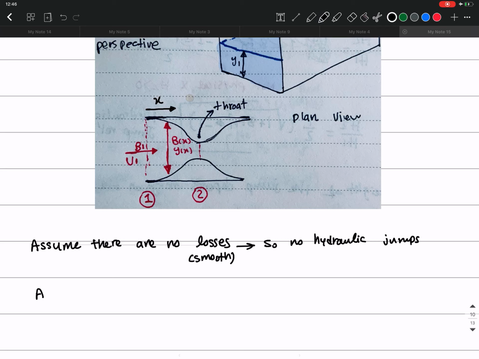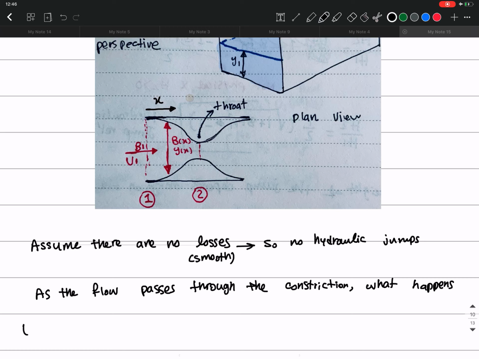So now the question is, as the flow or water passes through the constriction, what happens to the water depth?